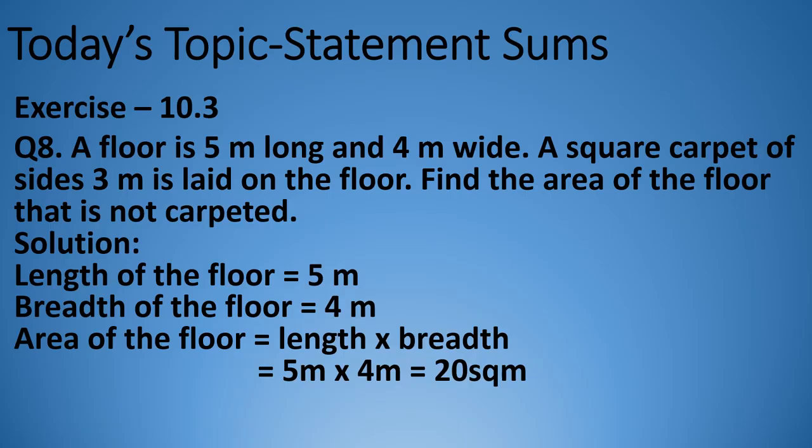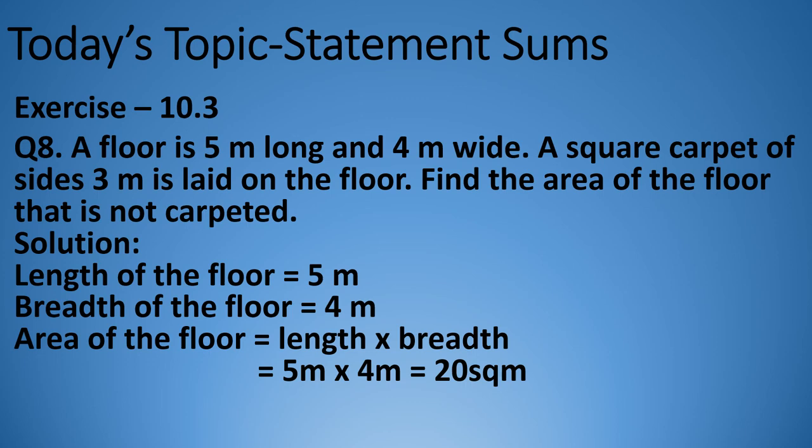Now all of you are sitting at your home. Just look at your floor and imagine that on that floor you have laid some square carpet. Then how will you find out the area of the remaining floor which is not carpeted? You will find out the area of the complete floor first, then you will find out the area of the carpet, and then subtract.